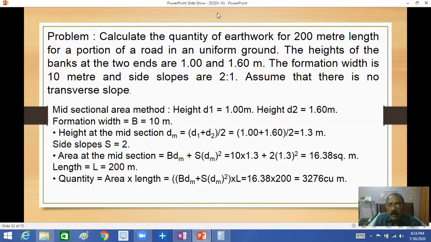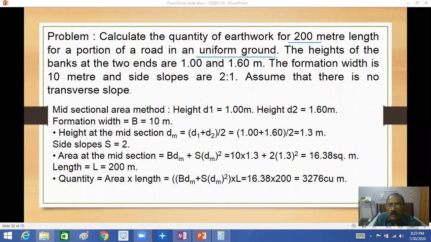Listen carefully and note the given data in your notebook. The length L is 200 meters, and the portion of the road is uniform.